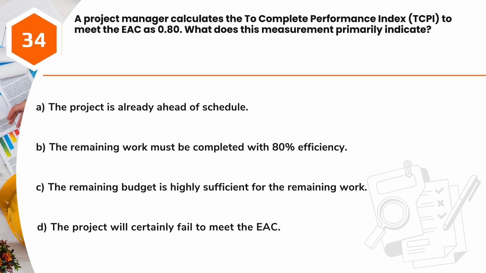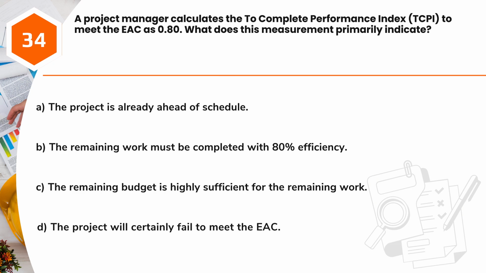Question 34. A project manager calculates the To-Complete Performance Index, TCPI, to meet the EAC as 0.80. What does this measurement primarily indicate? A. The project is already ahead of schedule. B. The remaining work must be completed with 80% efficiency. C. The remaining budget is highly sufficient for the remaining work.